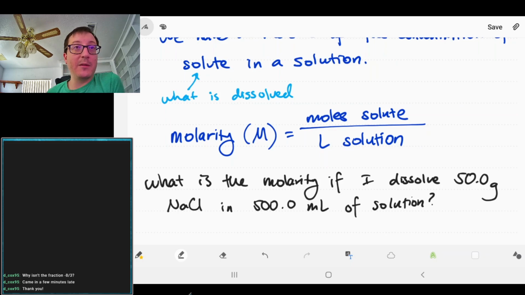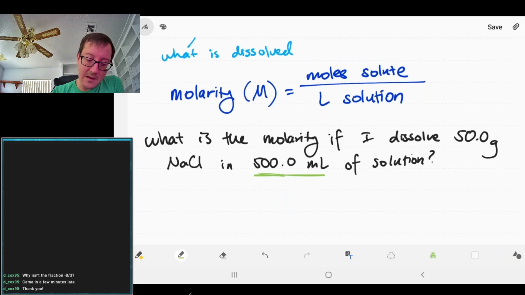However, here we're given grams and milliliters, so we don't quite have the right units. So we're going to see which one makes more sense to go to moles and which one makes more sense to go to liters. Hopefully, we can see right here, that's the one that should go to liters, right? We have milliliters already. It's a lot easier to go to liters of that.